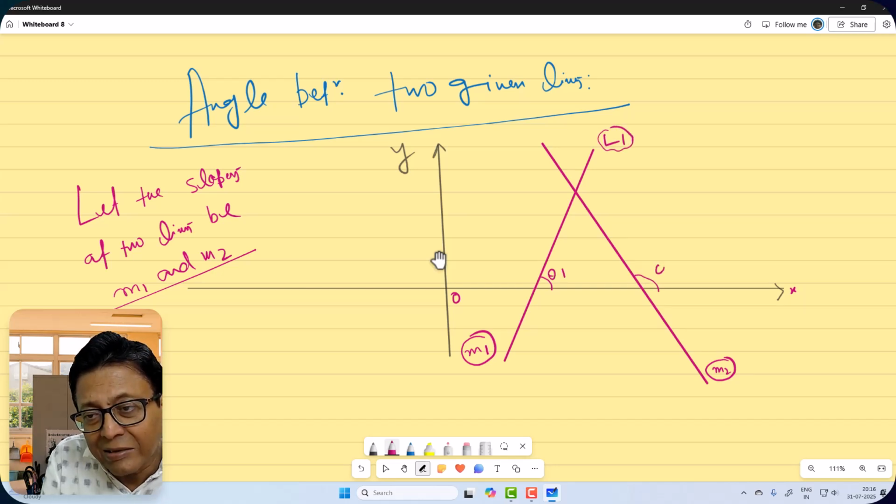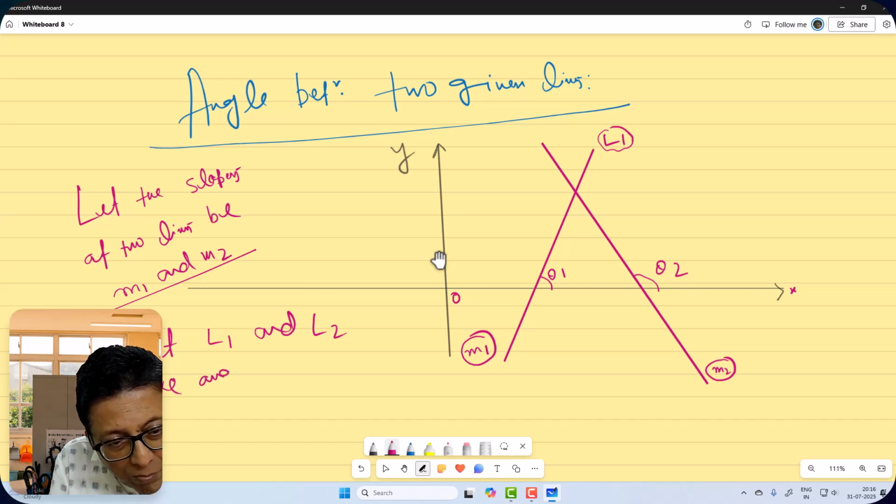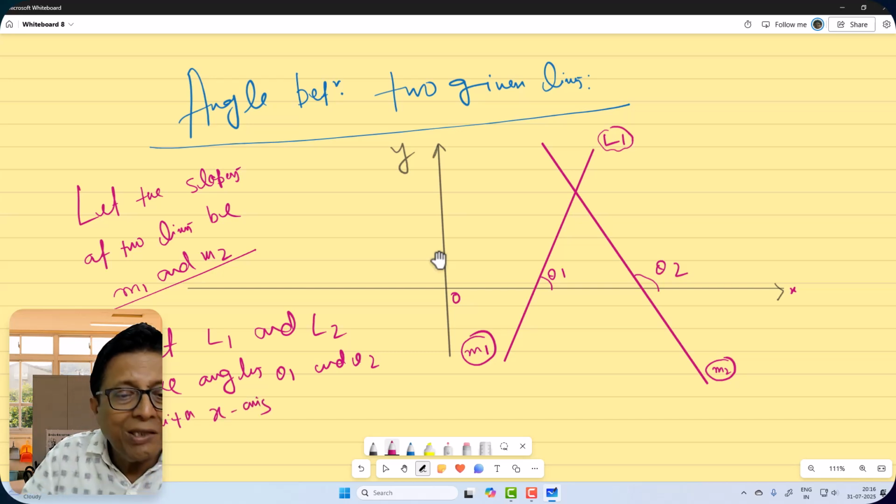The second line makes theta 2. Let L1 and L2 make angles theta 1 and theta 2 with the x-axis.